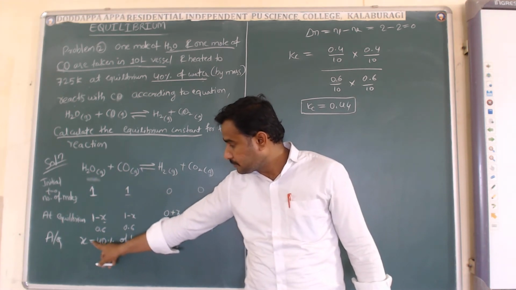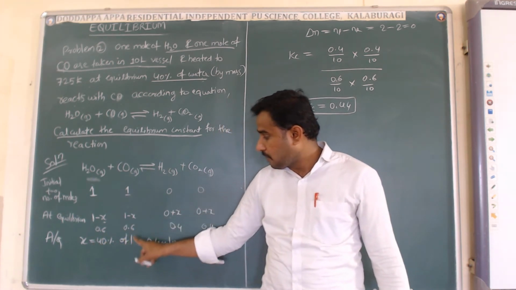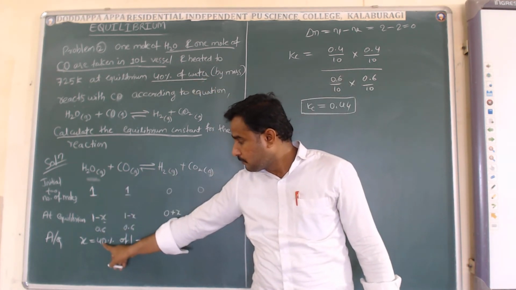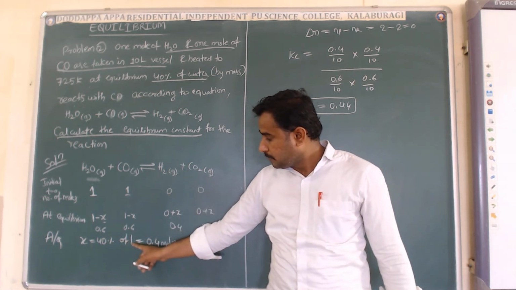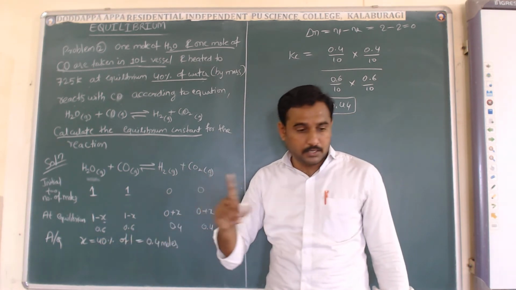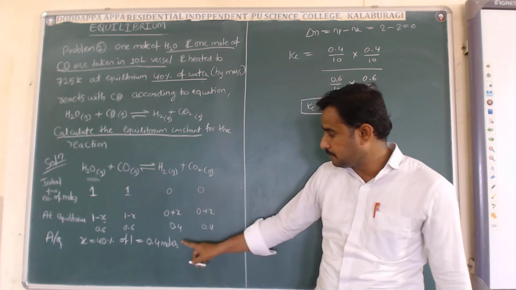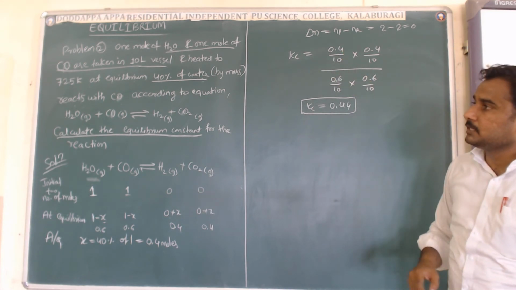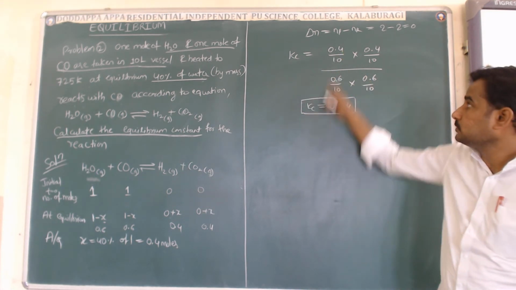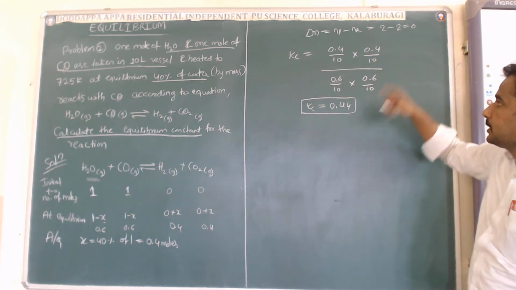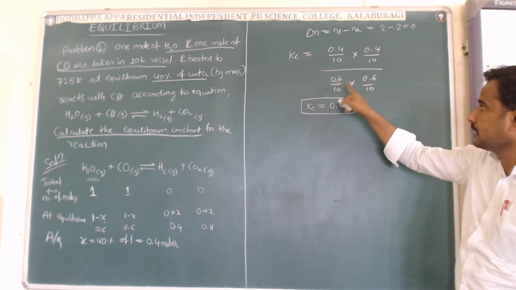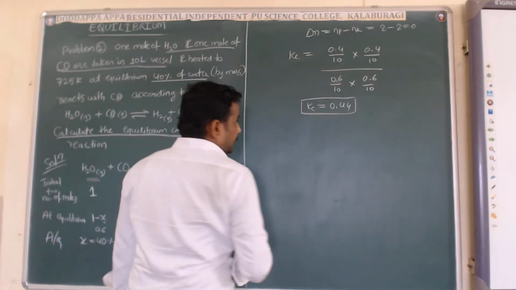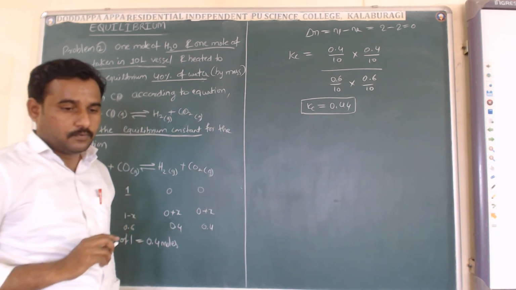They have given that 40% of water is reacting. Taking 1 mole, 40% of 1 becomes 0.4 moles. That 0.4 moles divided by 10 you have to take, because the vessel is 10 liters. So 0.4 by 10 into 0.4 by 10 divided by 0.6 by 10 into 0.6 by 10. When you solve this, you get the Kc value, which is 0.44 here.